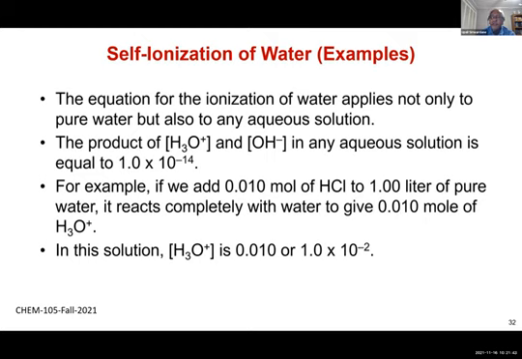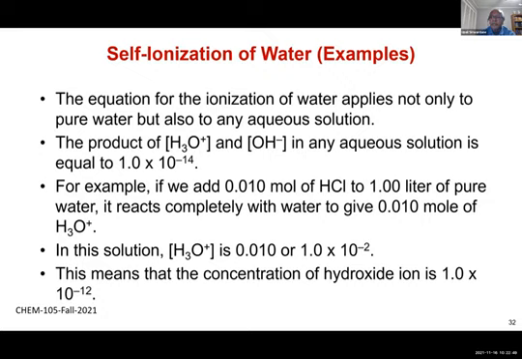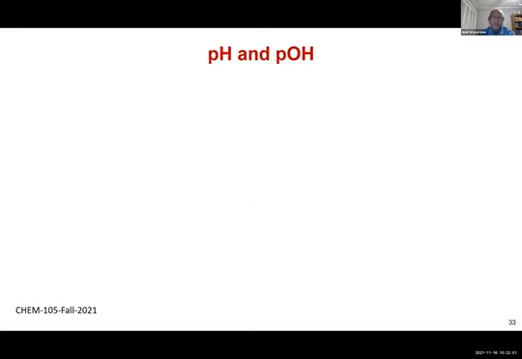Therefore, adding acids and bases to water solution changes the hydronium and hydroxide concentration. But their product is going to be 10 to the negative 14.